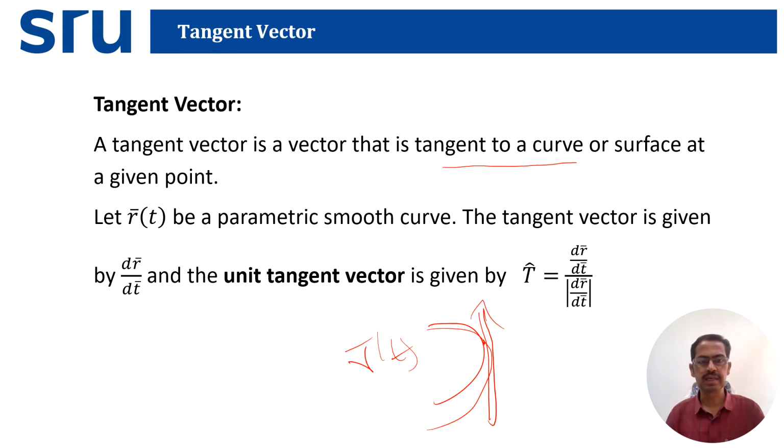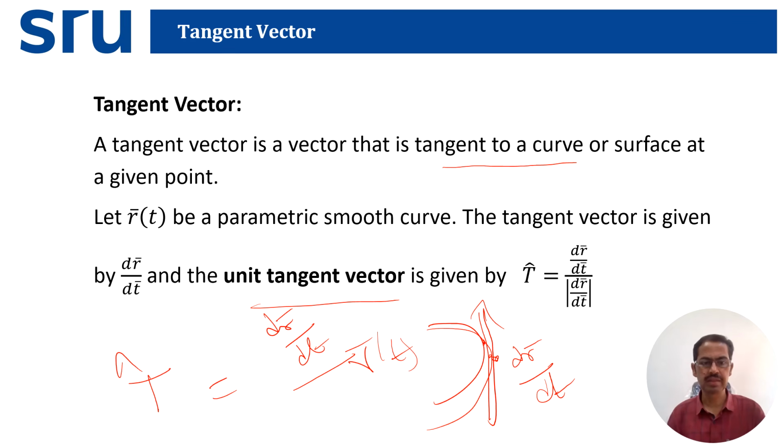The tangent vector is given by dr bar by dt. The unit tangent vector is given by t cap, equal to dr bar by dt divided by the magnitude of dr bar by dt. The unit vectors are denoted by a cap, t cap or p cap is the unit vector symbol.